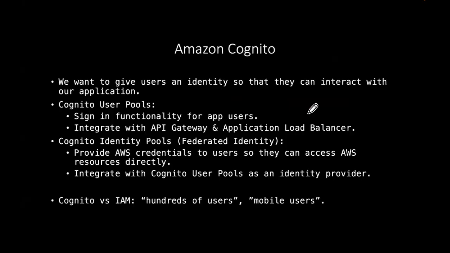It's a service for essentially allowing you to give identities to your individual users. Now, Cognito has two main resources, user pools and identity pools. User pools are what we're interested in, and user pools deal with your conventional user management and the functionality around that.